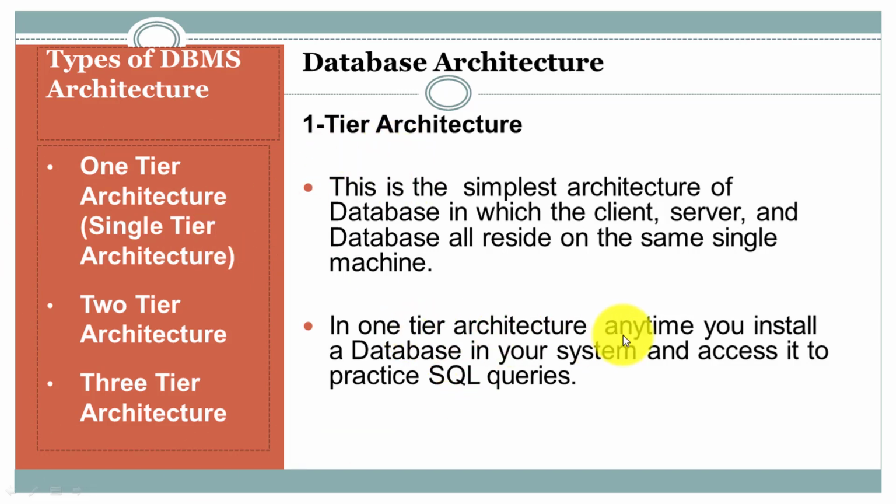In one tier architecture, you can install a database in your system at any time, access it, and practice SQL queries. Since client, server and database all reside on the same single machine, you can access the database at any time and run a SQL query.